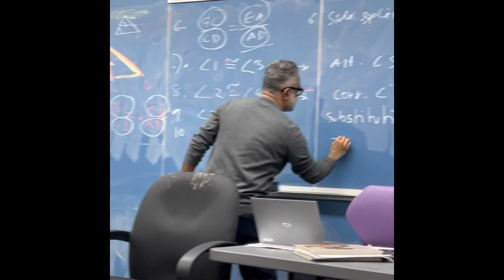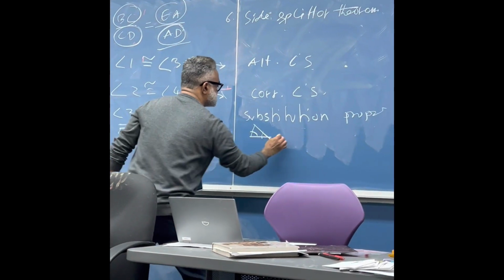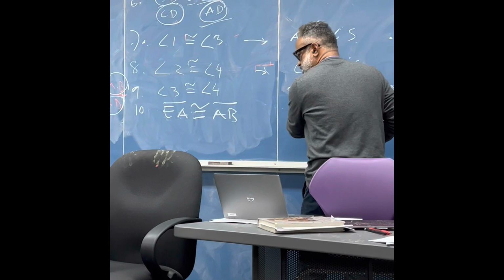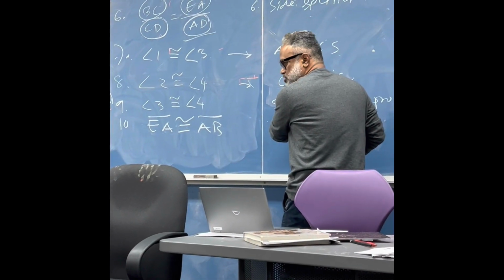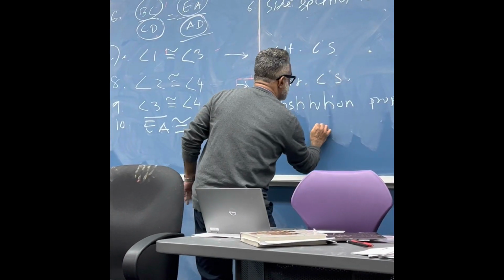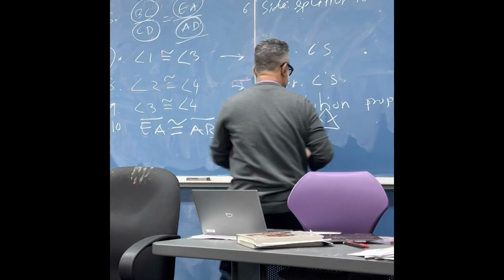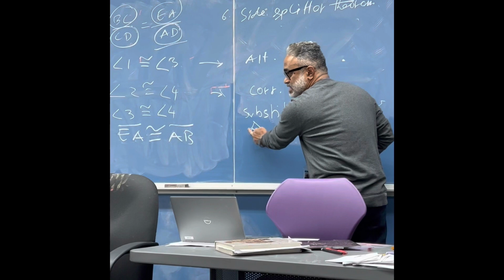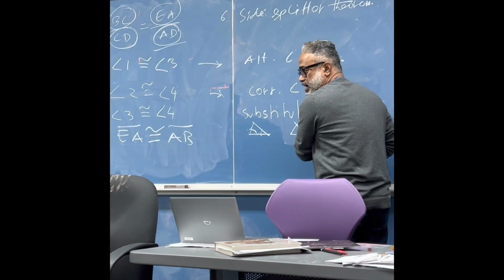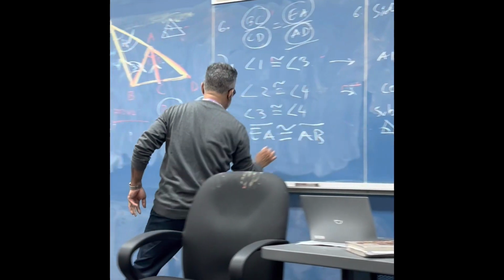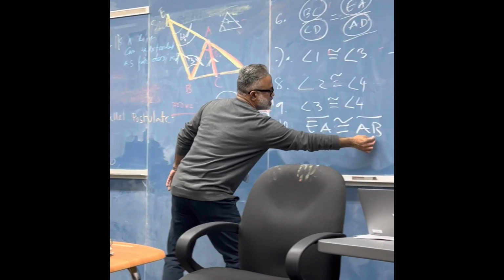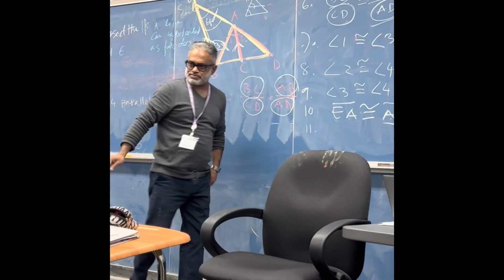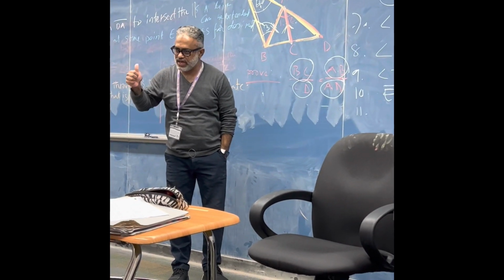Why? Because in a triangle, sides opposite to the congruent angles are also congruent or equal, right? So once we see that, can we replace this with this by substitution?